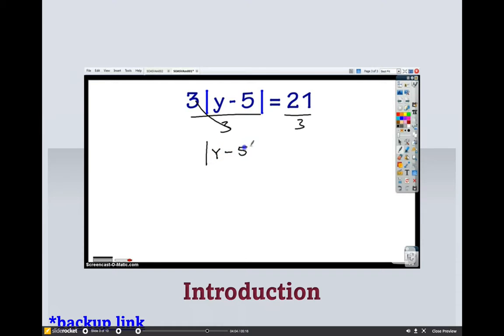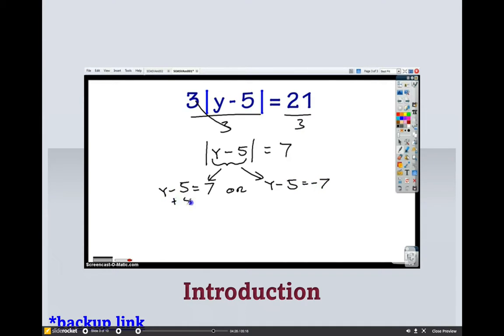I've got the absolute value part of the problem isolated by itself, and now I can think of it in terms of two different versions. I need this y minus 5 to turn into a 7, or I need that same part of the problem, y minus 5, to turn into a negative 7.